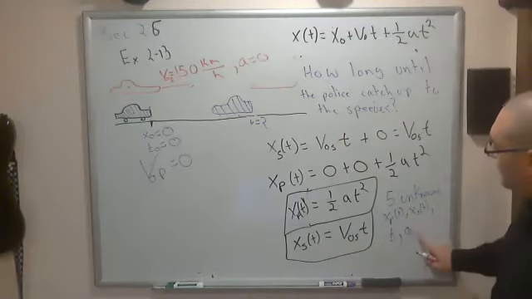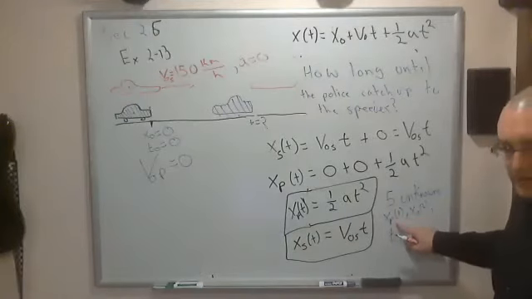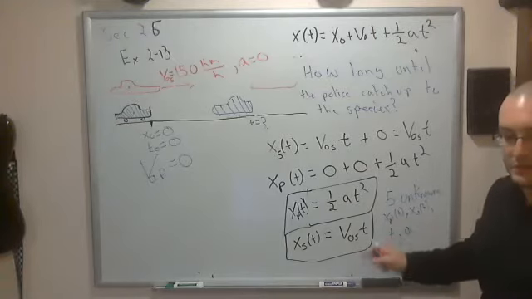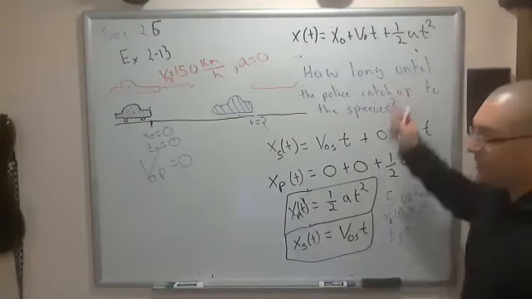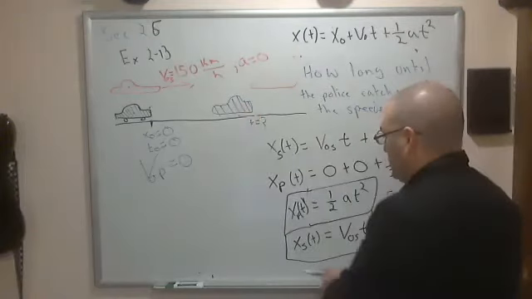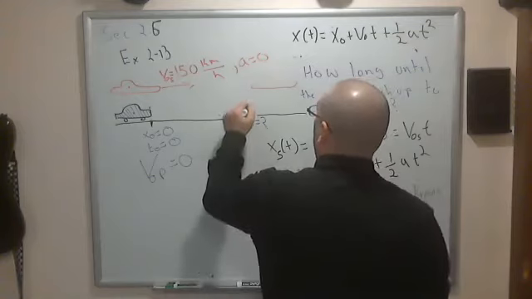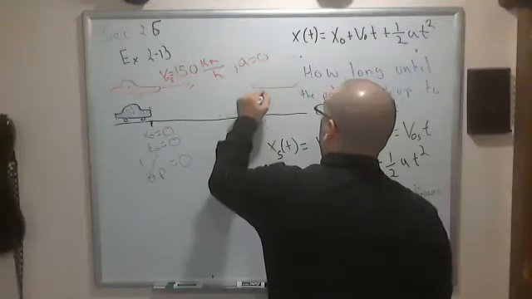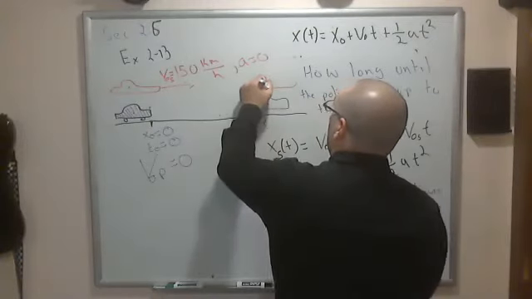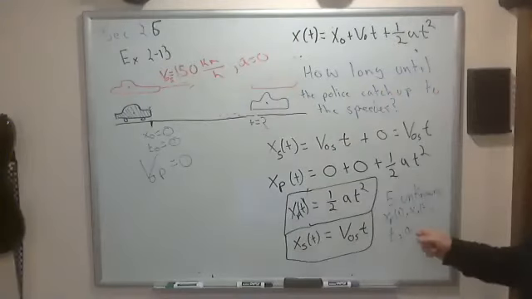Is there any way we could deduce these 2 positions at the end? How are they related to something in the problem? So when the police car catches up with it, let me redraw this. When the police car catches up to the speeder, what can we say about the 2 positions?